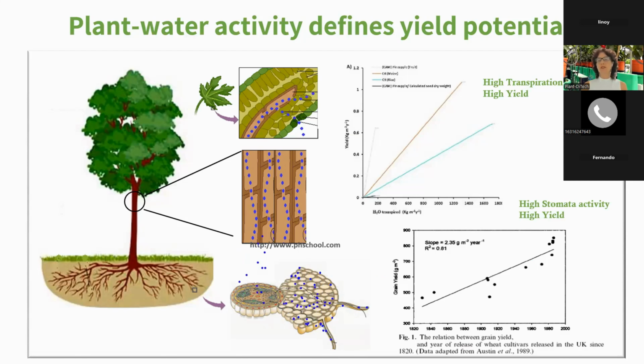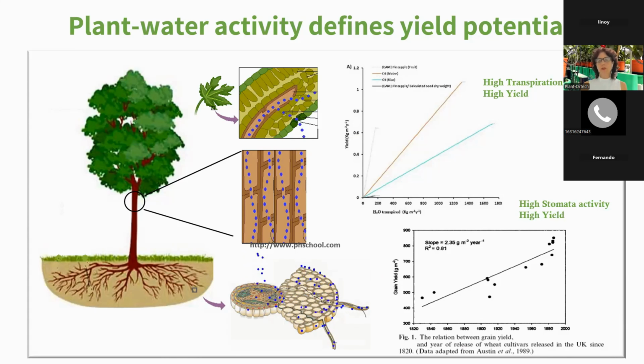So the stomata aperture helps to define how productive the plant is, how much risk the plant is taking, and how much water it actually loses, because every time it takes in CO2, it also loses a lot of water. And how much does it affect the whole water flow and the water balance within the plant? So it has a very key role.